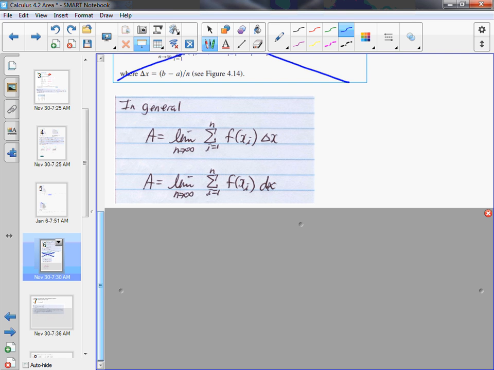By i changing, the x coordinate changes every time we find a new rectangle, right? So first it's x1, then x2, then x3. So we can call it x sub i delta x. And then like we did back with differentials, delta x equals dx, doesn't it? So area equals the limit as n approaches infinity of the sum from i equals 1 to n of f of x sub i dx.